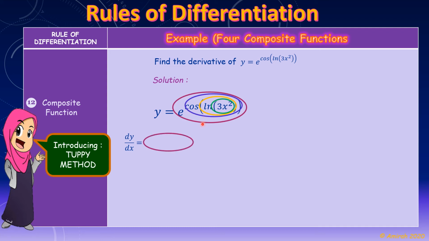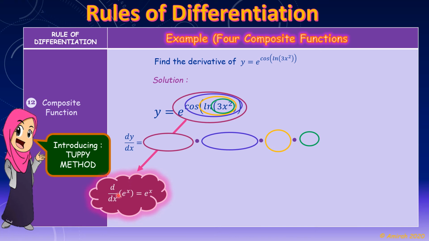Then we pair all of the circles with four other circles, and in between there must be a multiplication operation.